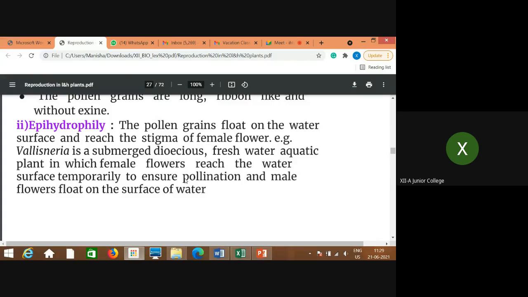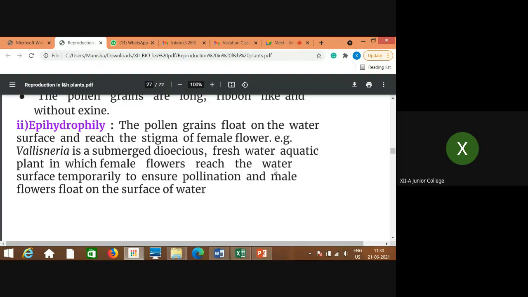So Vallisneria is a submerged dioecious freshwater aquatic plant in which female flowers reach the water surface temporarily to ensure pollination, and male flowers float on the surface of water. Okay. Though the plant is dioecious, it is the female part that temporarily reaches the water surface to receive the pollen grains, and the style is very long.